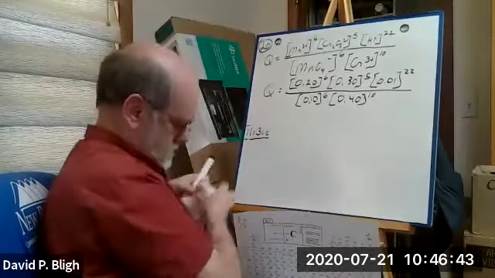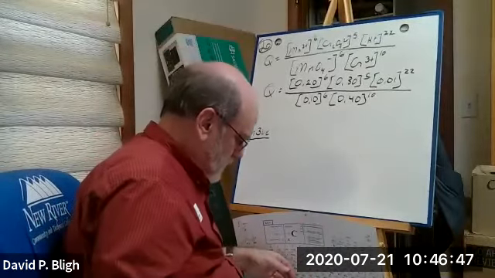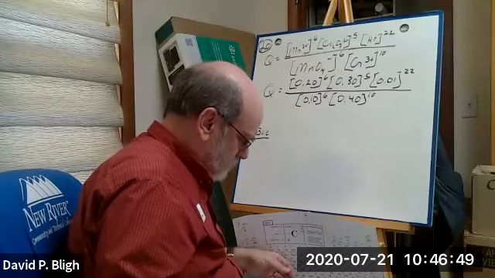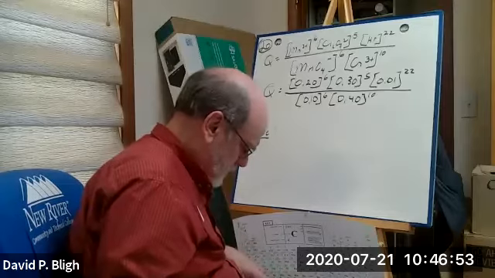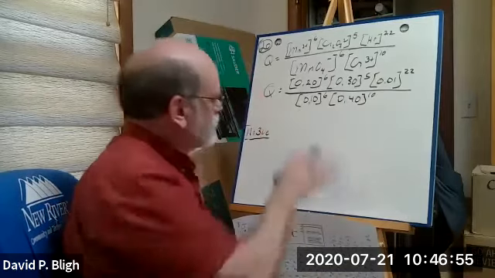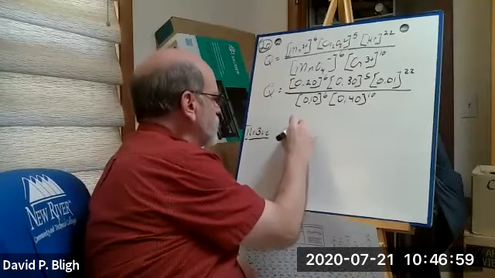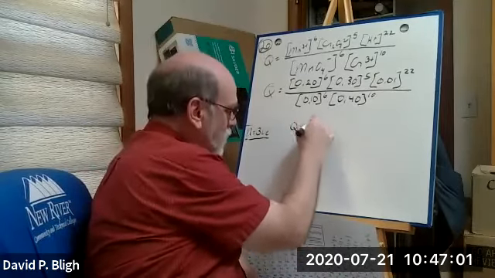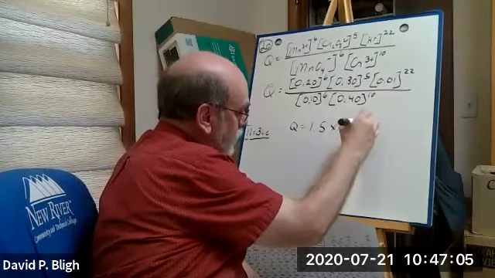All right. Now, here we go. So if we resolve all those values, we should end up with Q equal to 1.5 times 10 to the minus 41.